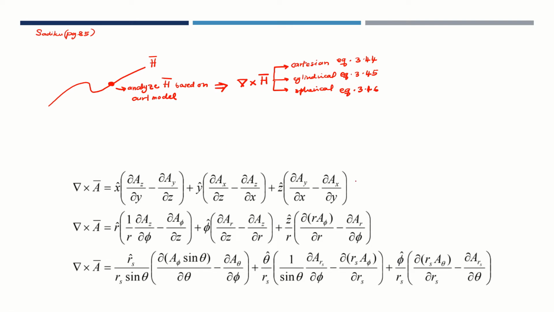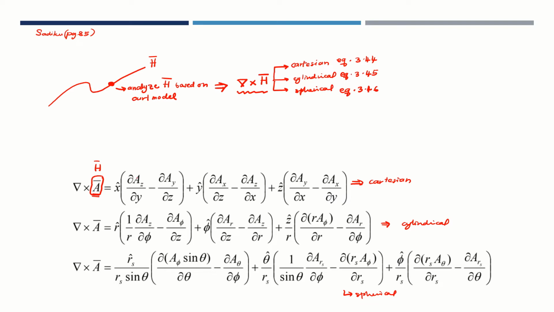However, if you don't have the Sadiku book, not to worry, I have put the equations here. This is referring to the Cartesian, this is the cylindrical, and this is the spherical. You will find that this is represented as A. Since we are dealing with the curl of H, you have to replace this vector A with vector H. You have to suit this general representation to the curl of H representation.